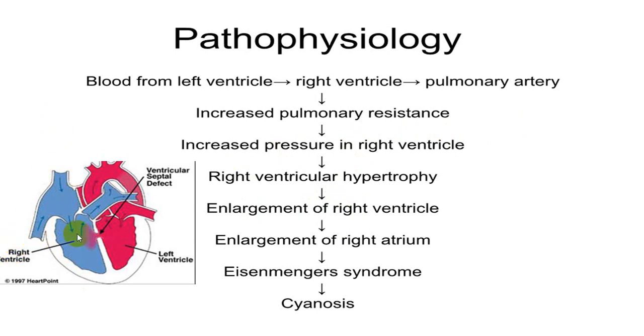Now a stage will come where the right ventricular pressure will be equal to LV pressure. The shunt will stop. This we call as Eisenmenger syndrome or Eisenmenger complex. Now further elevation of right ventricular pressure, now it will reverse back. Deoxy blood from RV will enter into LV.